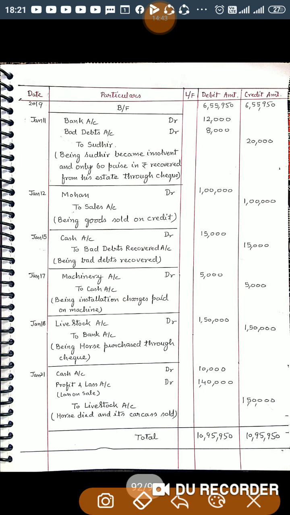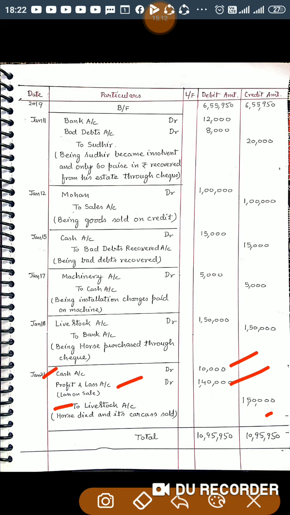So the journal entry will be cash account debited with 10,000 and profit and loss account debited with 1,40,000, to livestock account credited with 1,50,000, being horse died and its carcass sold for 10,000.